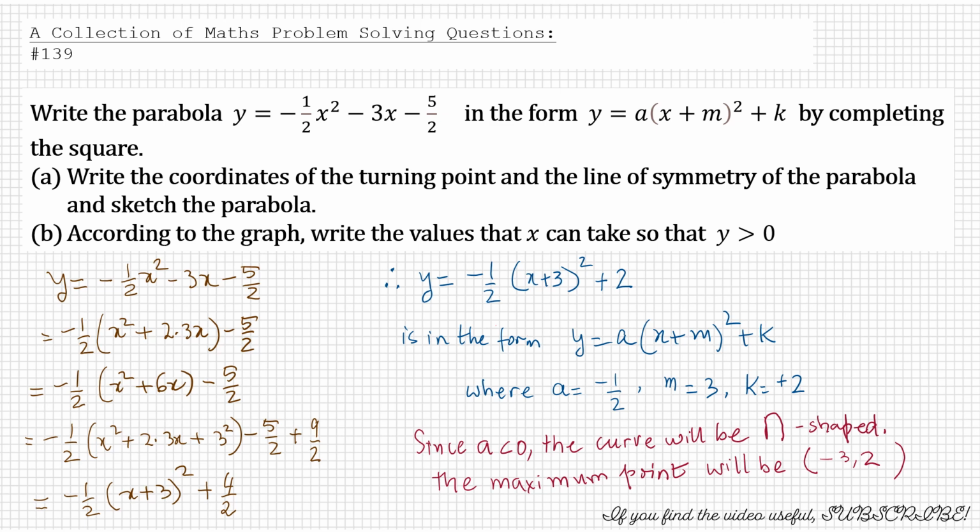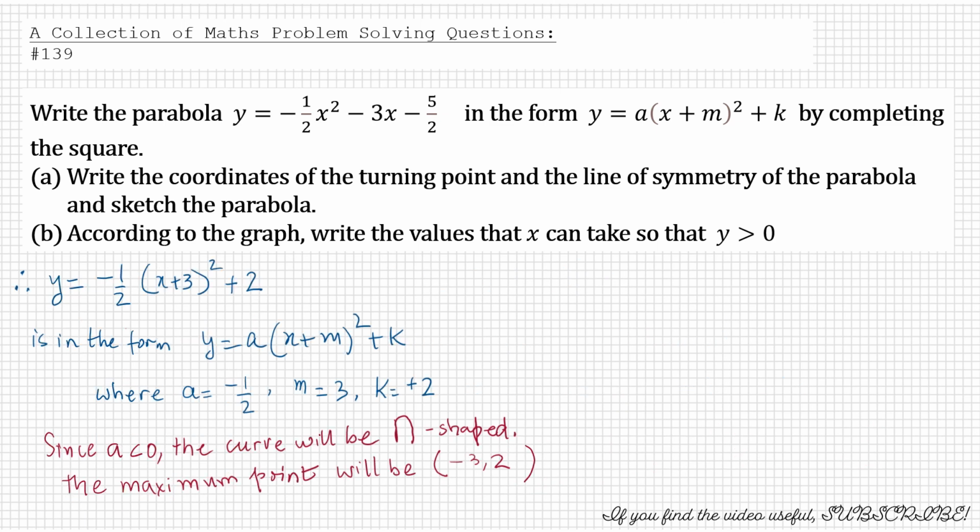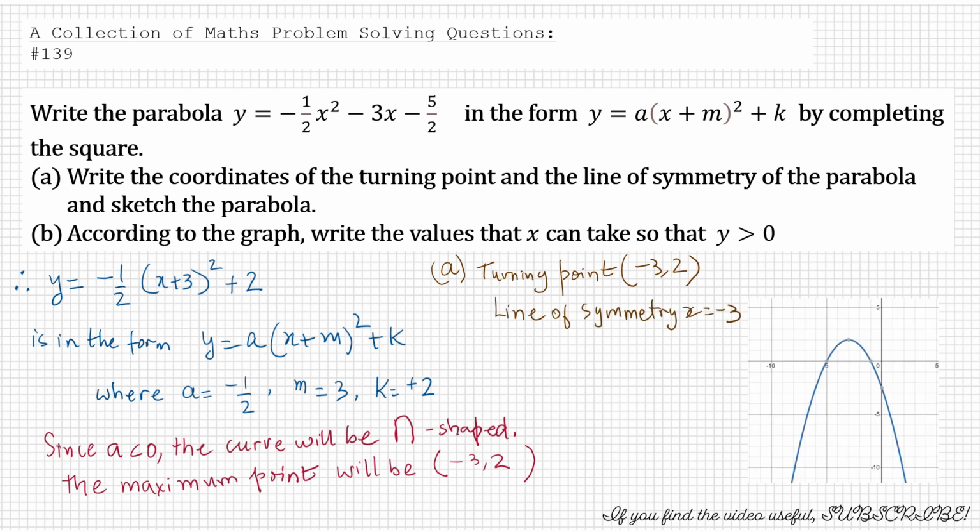So since a is less than 0, the curve will be inverted, and the maximum point will be (minus 3, 2). The next step is to draw it, and that's the turning point, and also the turning point will be (minus 3, 2).